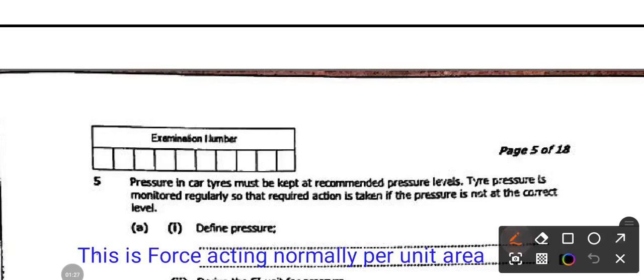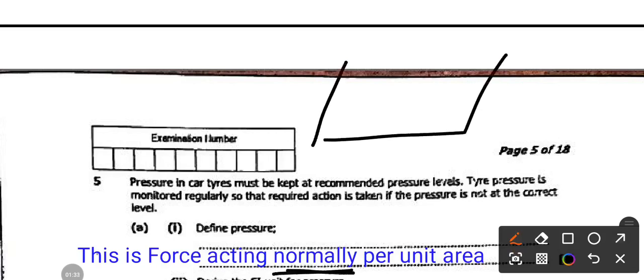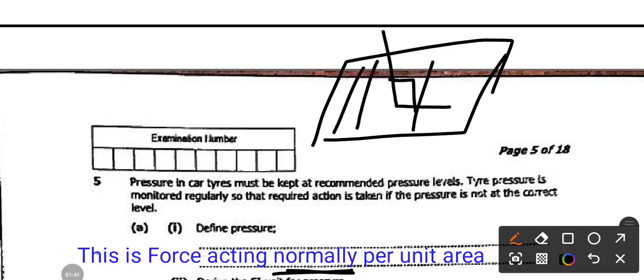And this word normally is very important because it describes that the applied force will act at right angle to the area in contact. That's why we're saying that pressure is force acting normally, meaning at right angle to the area. Okay.